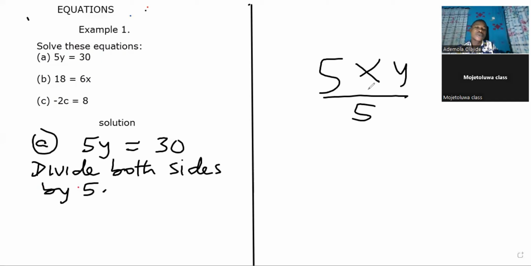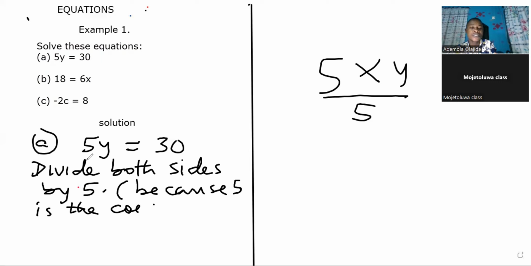If anybody asks you, why are you dividing both sides by 5? You will tell them that because 5 is the coefficient of y. This question I will ask you oftentimes. Please don't forget.